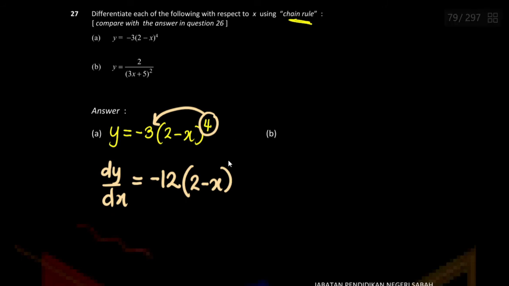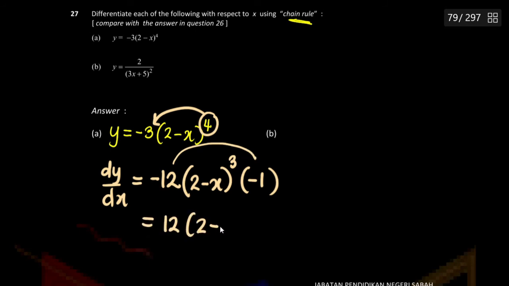Make the power 4 less by 1. Then differentiate whatever is inside the bracket. Take the front number times the back number. Copy back everything. So you already got your dy/dx. That's all. It's quite easy if you use the shortcut.